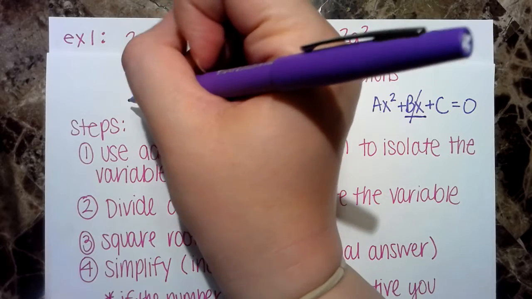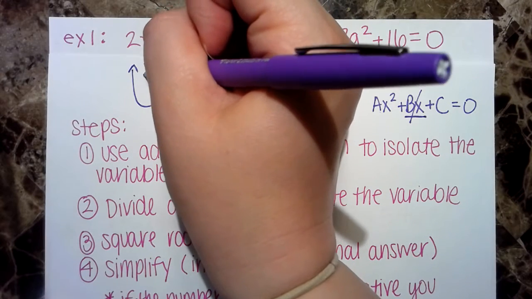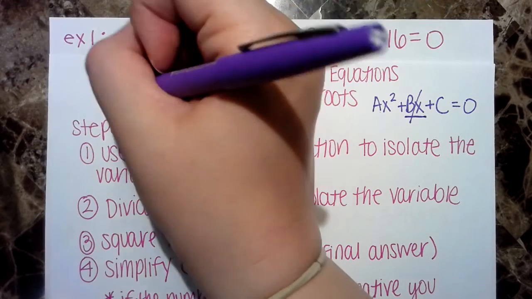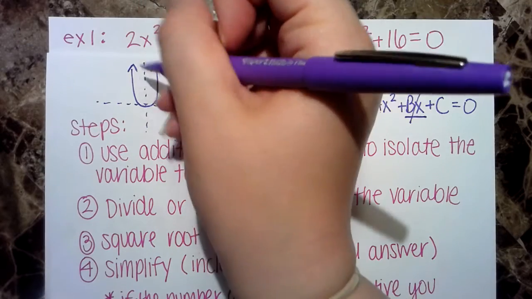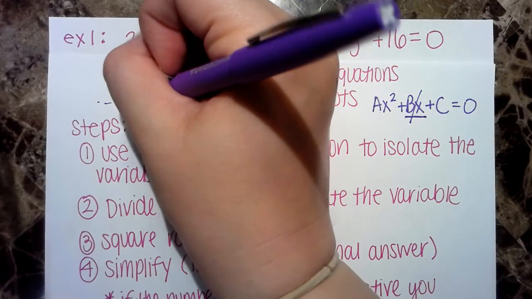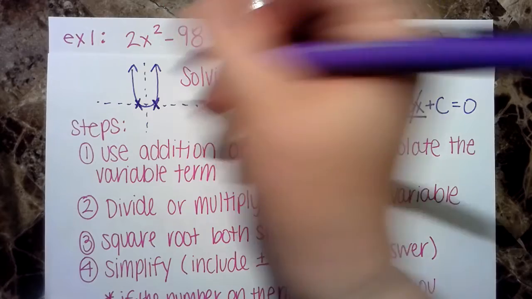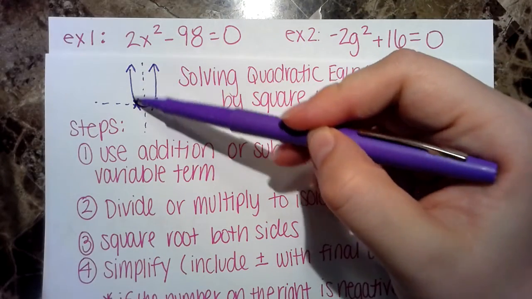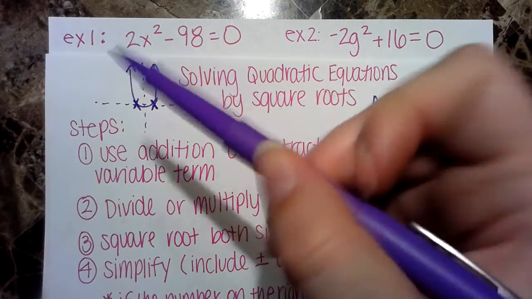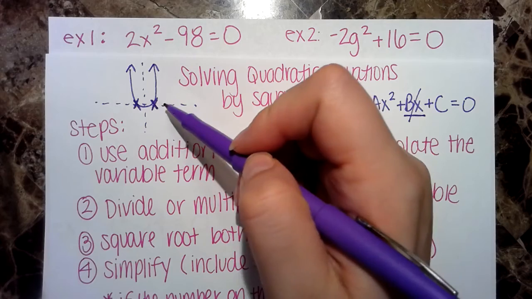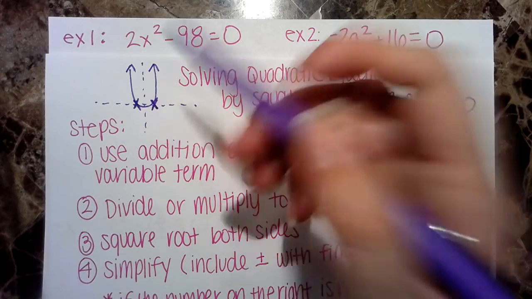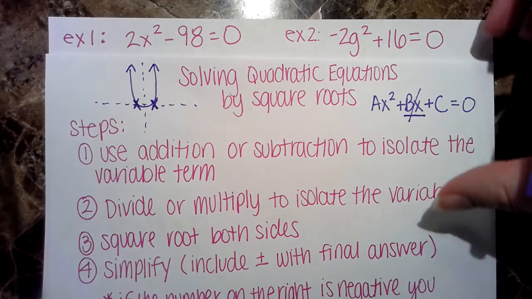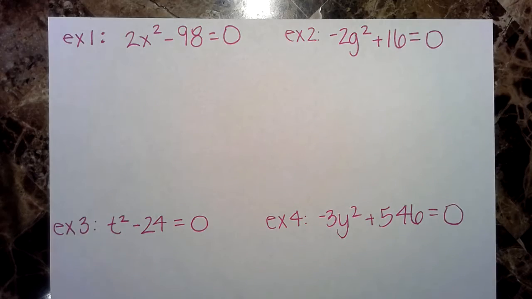If you have your x-axis and your y-axis, it's where it crosses at the x-axis. That's what we're trying to find. So you have your parabola, which is a quadratic equation, and we're trying to figure out where it actually crosses at the x-axis. So we're finding x-intercepts.